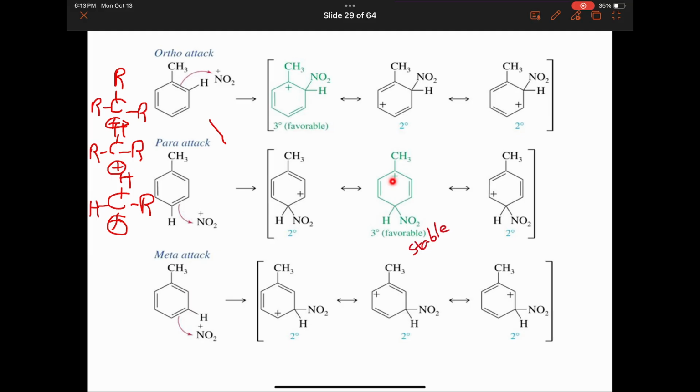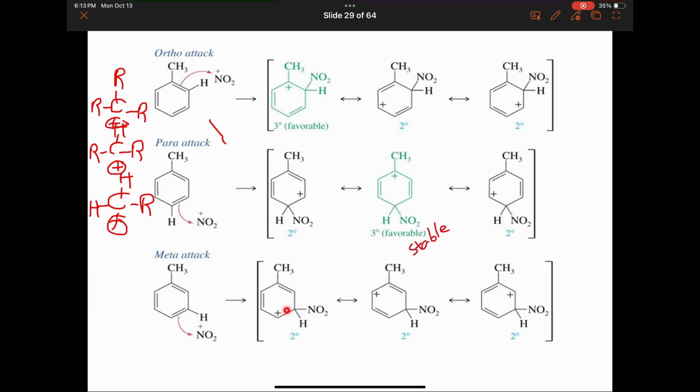That positively charged carbon is now a tertiary carbocation because this carbon here is attached to 3 things and it has a +1 charge. In addition to this, these 3 things are all alkyl groups. So this is your tertiary carbocation. Versus your meta attack, where your NO2 is substituted at your 3rd carbon.